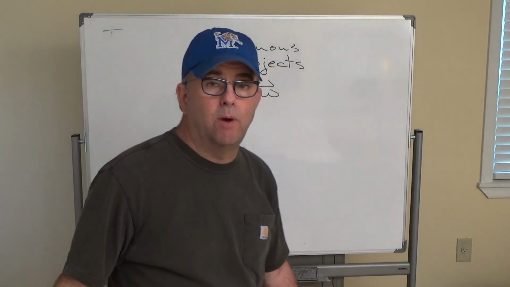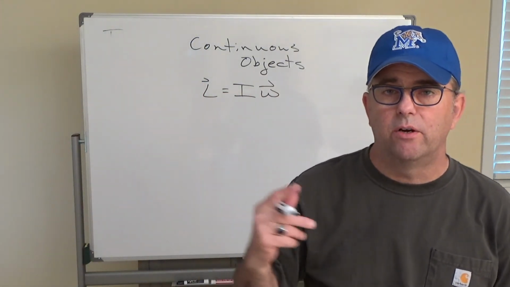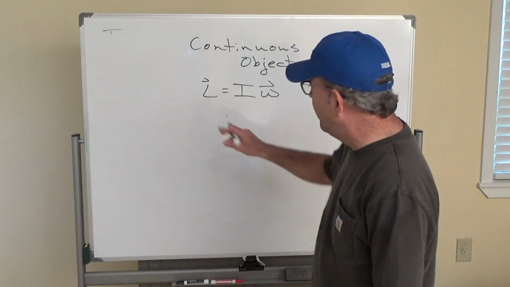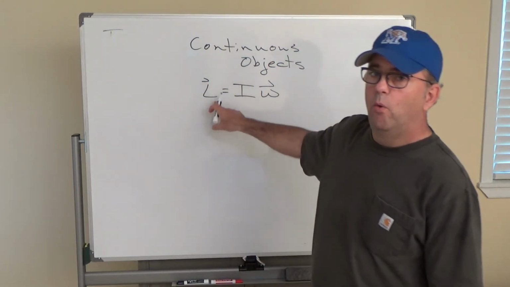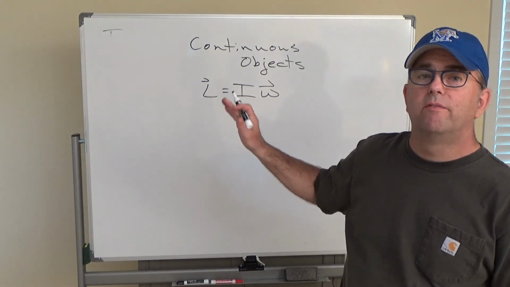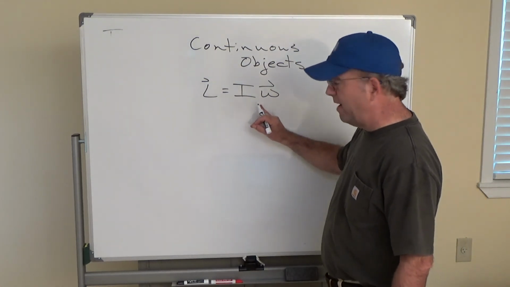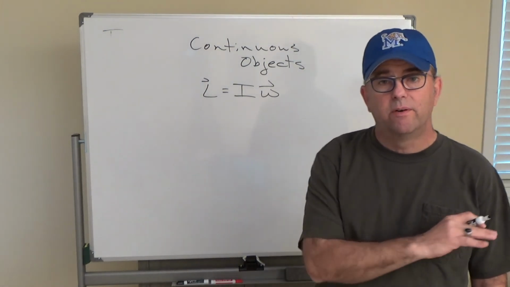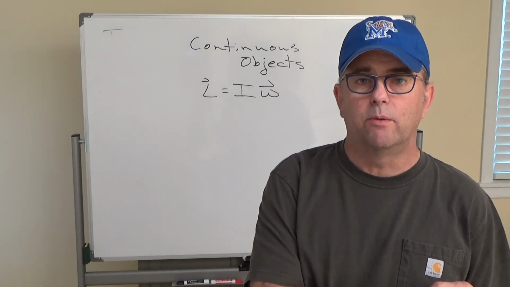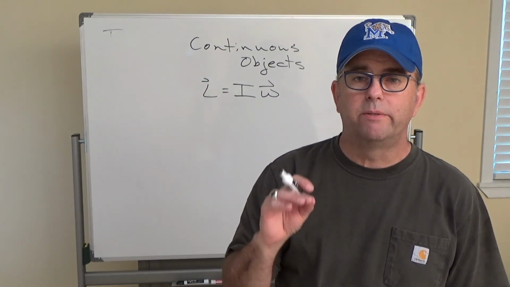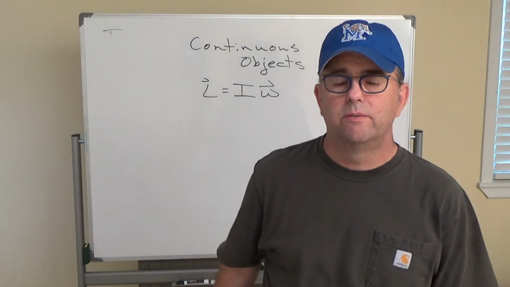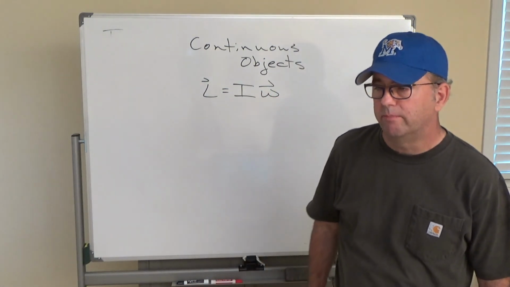It's simply the moment of inertia times its angular velocity. It is a vector. We don't have time to go into all the vector stuff about angular momentum, but it is a vector, and believe it or not, nature conserves angular momentum. Angular momentum is always conserved, just like linear momentum.